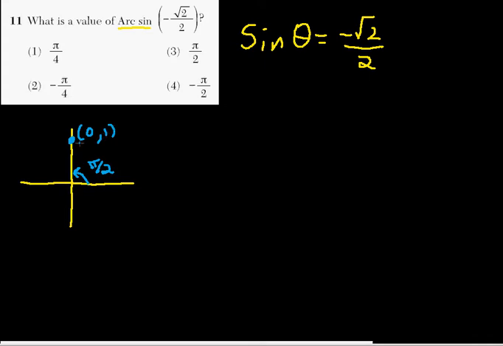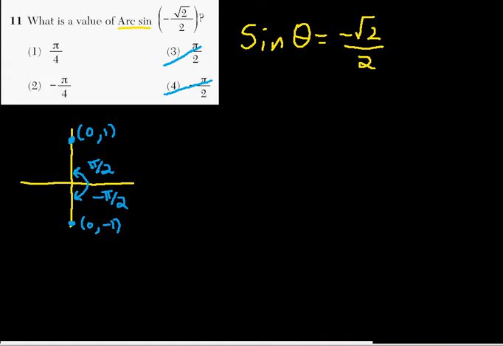So the sine is just going to be 1 here. If we go negative pi over 2, we're going to get a point down here that's negative 90 degrees, and this is the point 0, negative 1, and sine of that is going to be negative 1. So it's not pi over 2, and it's not negative pi over 2. So it's got to be one of these two.